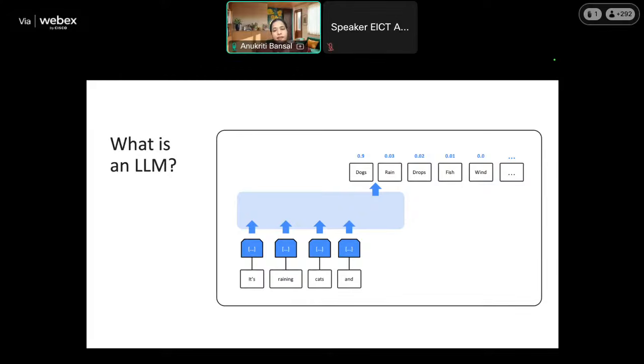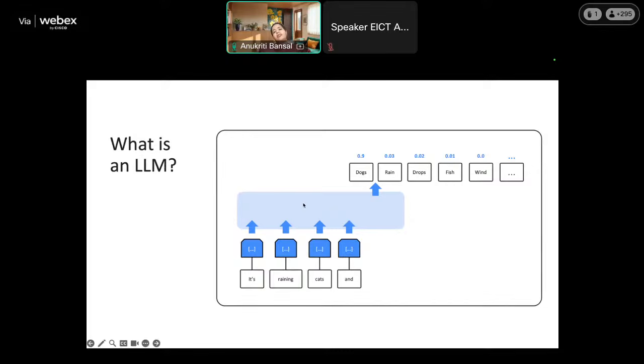If the first character is E and the second character is Q, out of those 26 alphabets, the highest probability will be of U. Most of the time, in so many words, U comes if we have a sequence starting with E and Q. So: equation, equilibrium, equal. By having this understanding, we are able to understand the language.